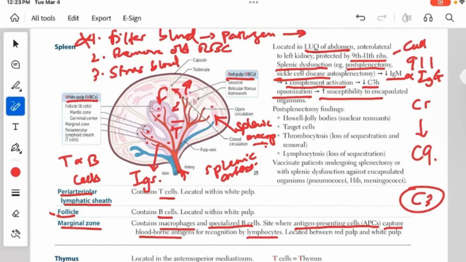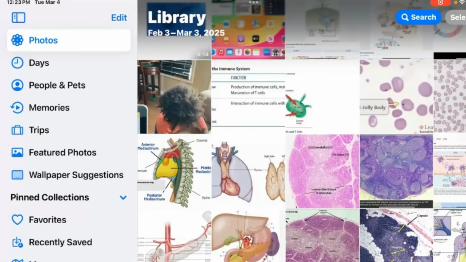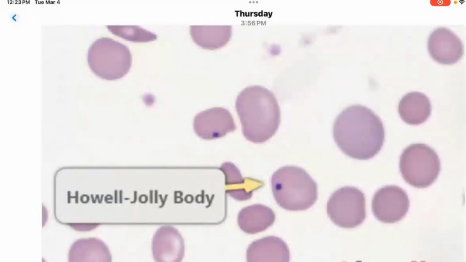All right, now we'll move on to the next part: what are the things that you will see in patients that have had their spleen removed? That's post-splenectomy findings. All right, so the first thing we see here is Howell-Jolly bodies. Let me show you an image. So this is Howell-Jolly bodies, right?